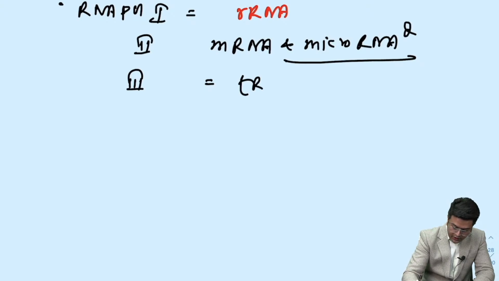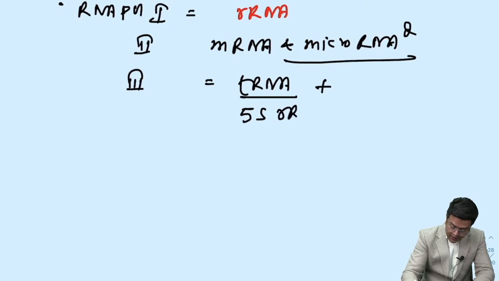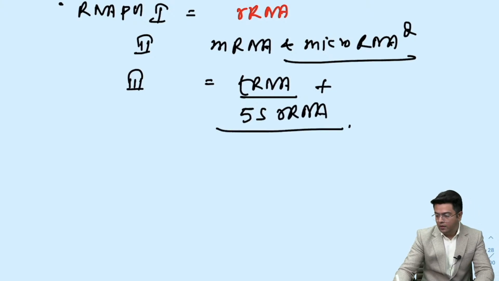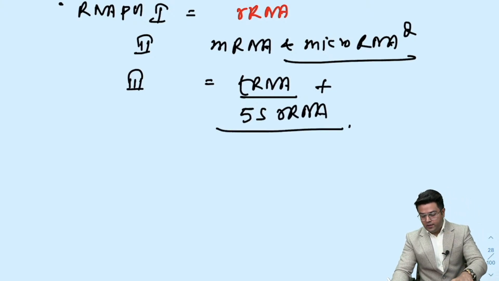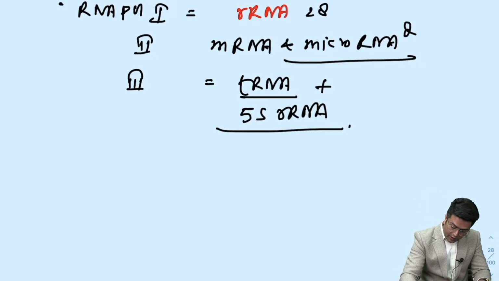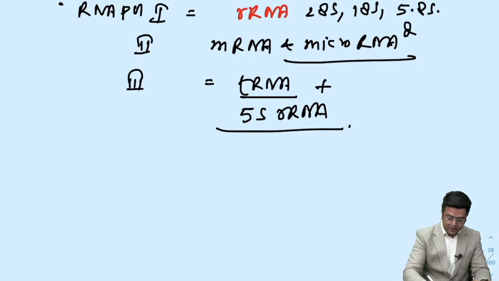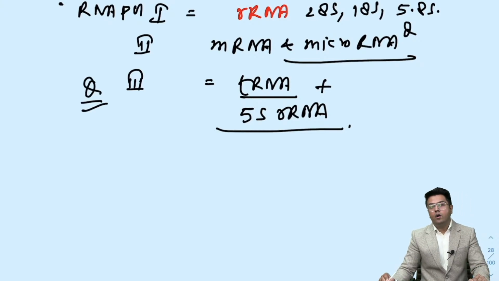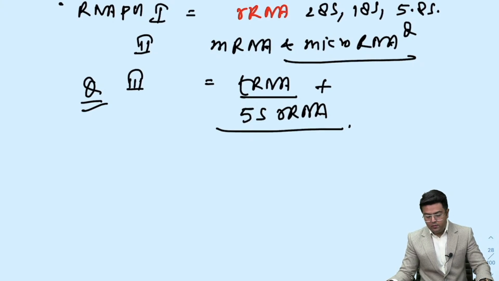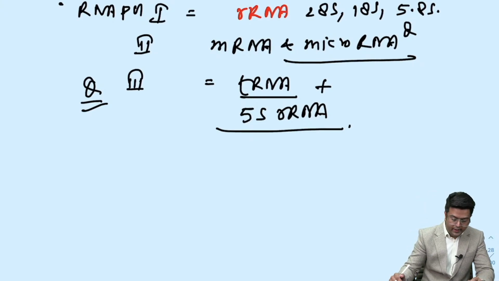So this will be mostly T for 3, that is tRNA plus the 5S ribosomal RNA, right? 5S ribosomal RNA. So there are 3 more types of ribosomal RNAs, that are 28S, 18S, and 5.8S for the Svedberg unit. So guys, don't forget this. This has been already part of these exams, right? RNA polymerase 1, 2, and 3.